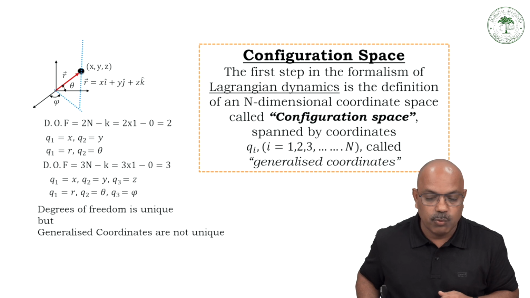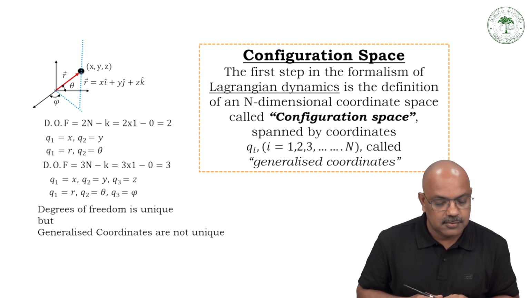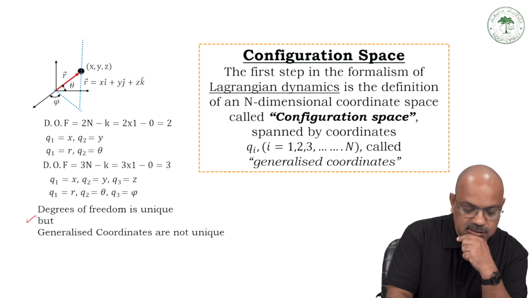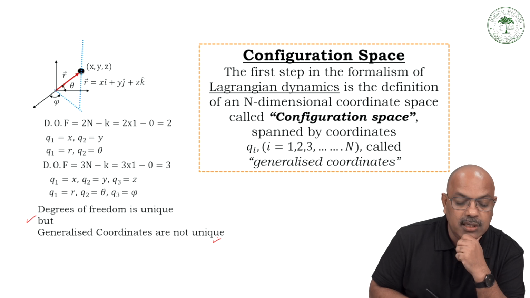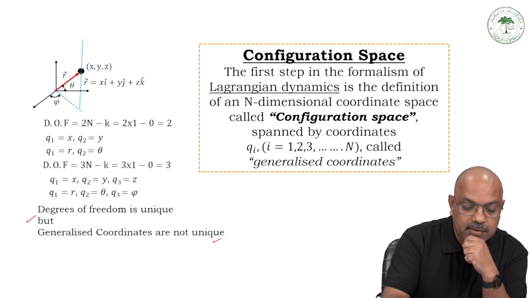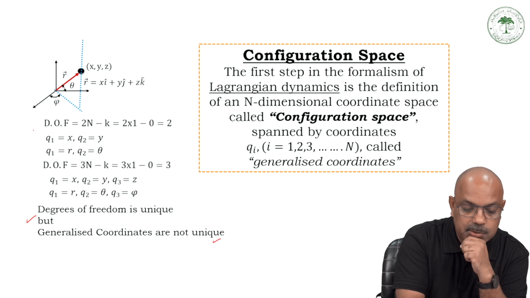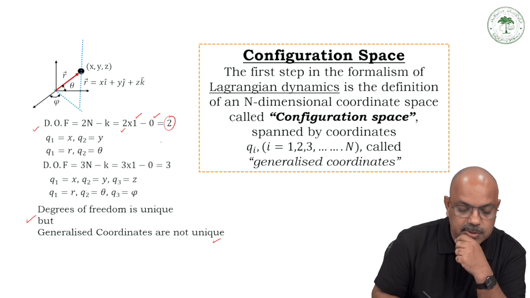So degree of freedom is unique, but the generalized coordinate is not unique. So I have this free particle, x, y, z. The degree of freedom in 2 dimensions: there is no restriction on the particle, and the particle number is 1 in 2 dimensions, so 2 degrees of freedom are there.